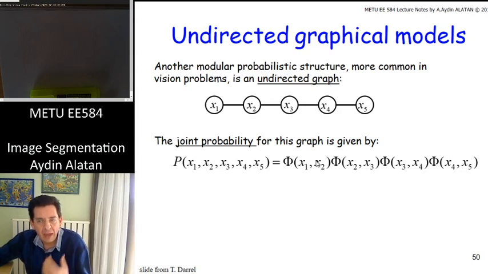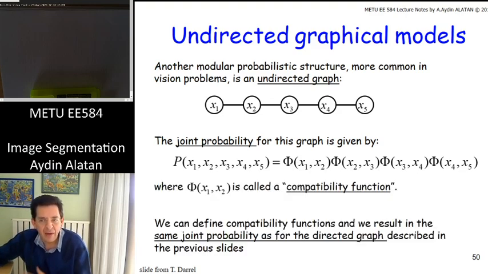Now, we can write the joint probability of this graph in these pairs: x1, x2, x2, x3, x3, x4, x4, x5. This function, phi of x1, x2, is called the compatibility function. You can assume this is something like a joint of x1, x2, a joint of x2, x3, kind of thing.